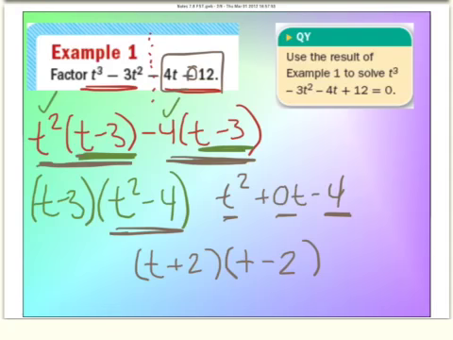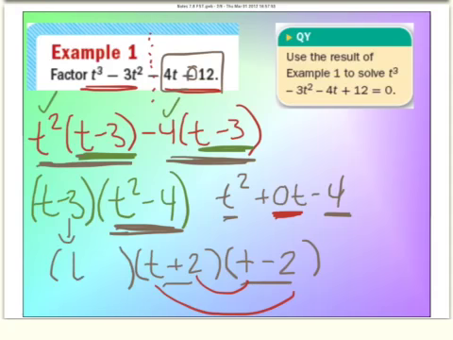If you were to do the distribution on these two binomials, you would get this second degree binomial, so you can double check it. I teach my Algebra 2 kids to check this with what I call a nose and a mouth. If you do the multiplication of those two terms, your middle term, in this case, is 0. So we have a positive 2t and a negative 2t, so that does work. And then don't forget to bring this factor down also, which is going to be t minus 3.